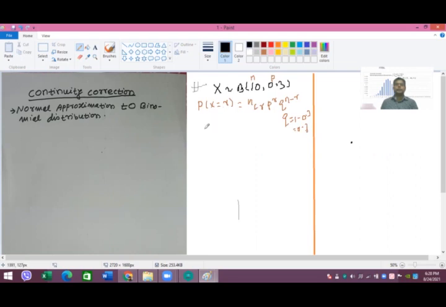If you would like to find the probability of x equals 7, then n is 10, so in place of nCr you would write 10C7, times p to the power r, 0.3 to the power 7, times q, 0.7 to the power n minus r, which is 10 minus 7, that is 3.